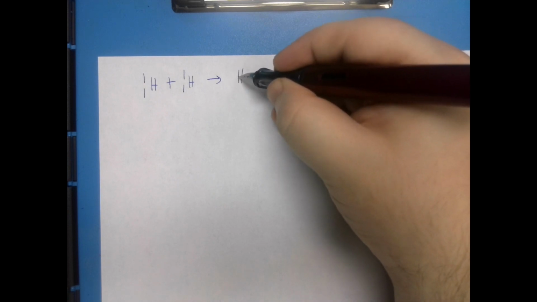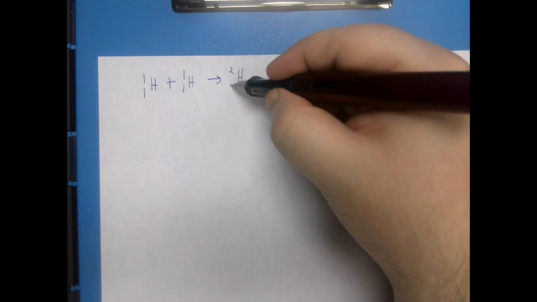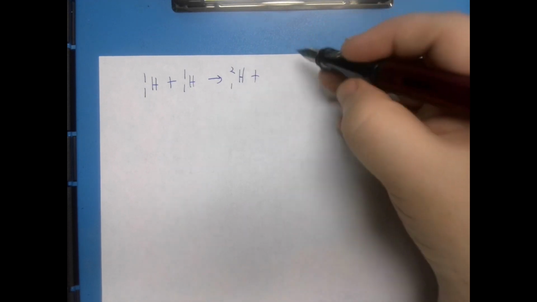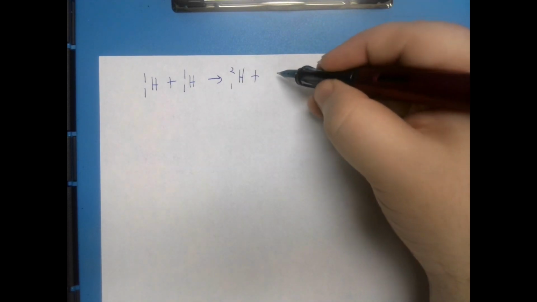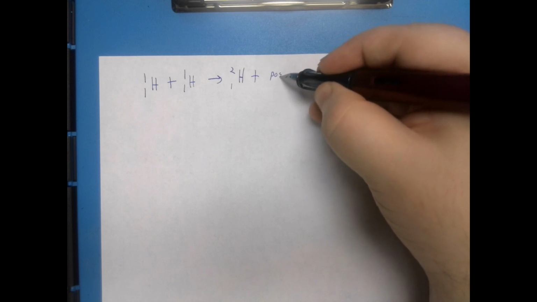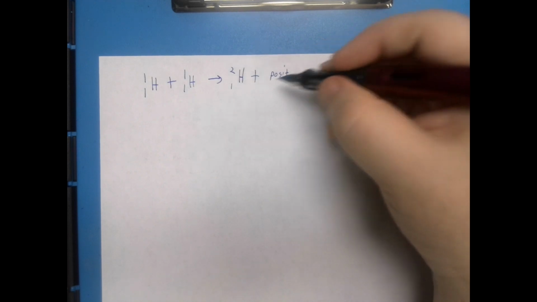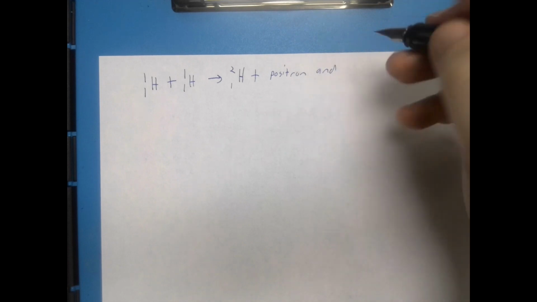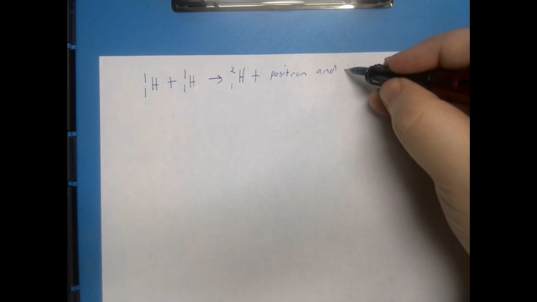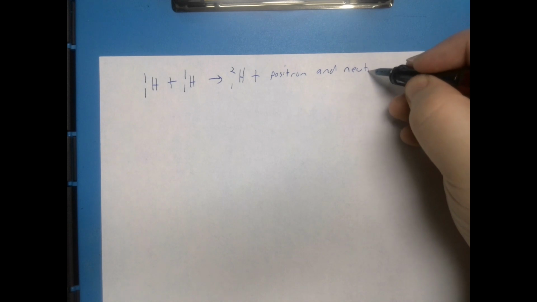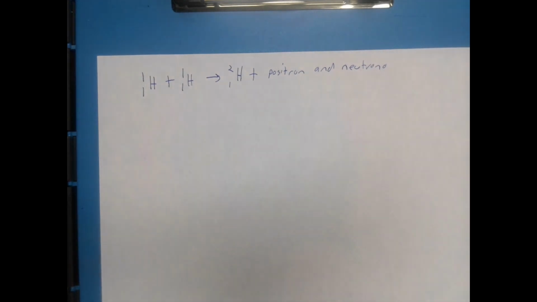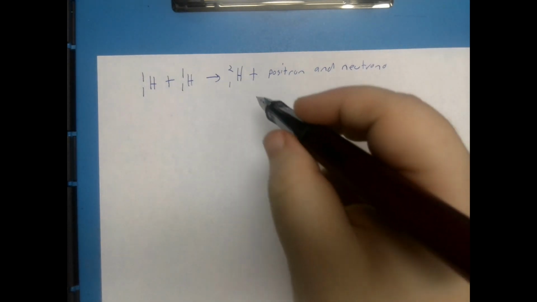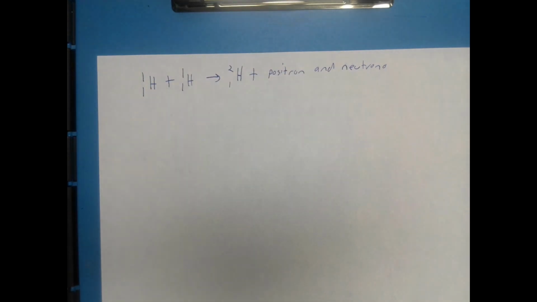Give you all an idea. You end up getting hydrogen 1 plus a positron, or hydrogen 2 plus a positron, and a neutrino. We won't be going into positrons and neutrinos, but it's still important to understand how nuclear equations work.